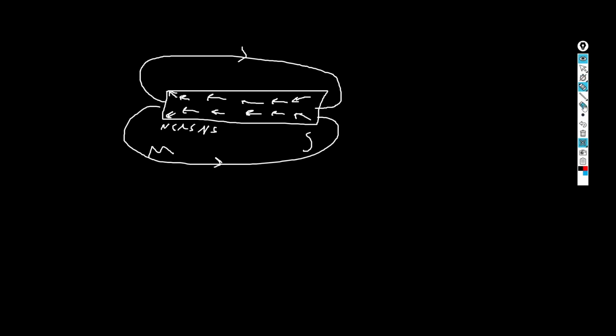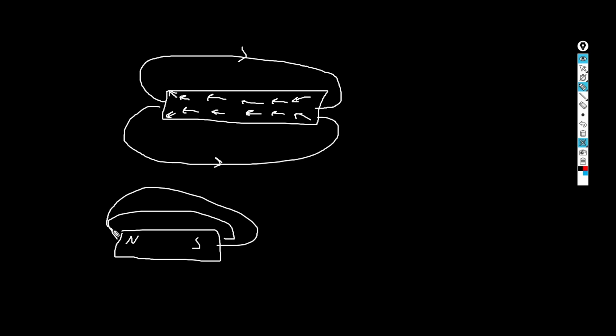Okay? Now these lines outside, these are the flux patterns. There are different types of flux patterns. Now, let's say you have a bar magnet, north, south. The flux patterns would just look like this, and they would go on. There would be more flux lines tighter together if it's a stronger magnet.